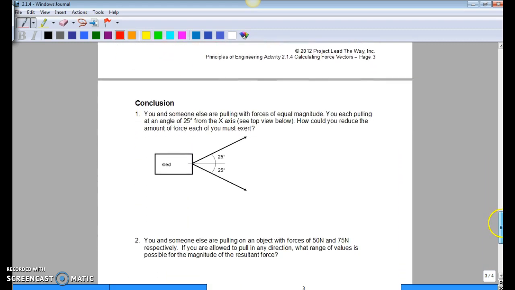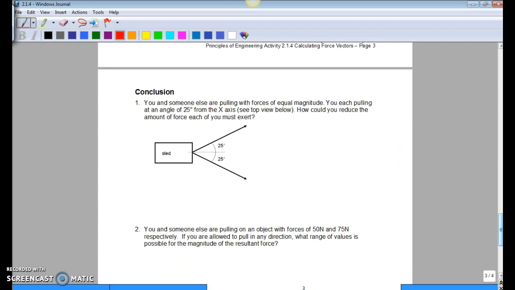Our conclusion questions: you and someone else are pulling in different directions on a sled, but you're each pulling at the same angle. How could you reduce the amount of force? Well, here's what's happening. Let's say this is 100 pounds or 100 newtons, doesn't matter. If you each pull 100 newtons, the problem is you're pulling 100 newtons this way.